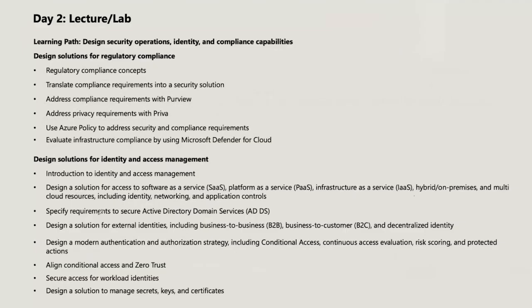Next, we have already covered how to secure Active Directory Domain Services, ADDS, and what design considerations we have for B2B, B2C, and decentralized identity. Also covering modern authentication and authorization strategy, including conditional access, risk scoring, and many other things.